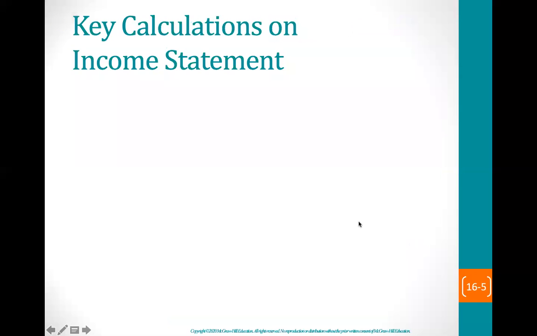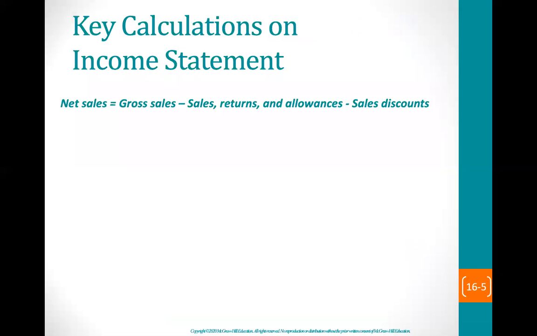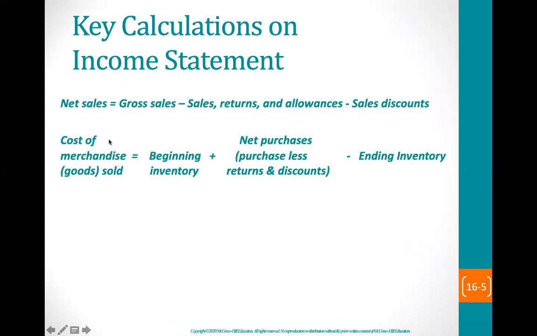Some key calculations that you have on the income statement. Net sales. Remember, net sales is your total gross sales minus sales returns and allowances minus sales discounts. Your cost of goods sold. We've already covered this.